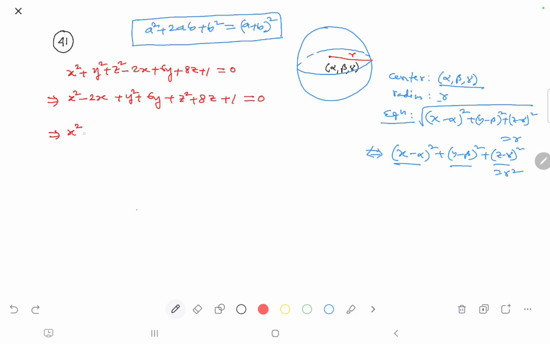One more thing I forgot to write down, that is needed here: a square minus 2ab plus b square, that is also a minus b whole square. These two formulas are very important here to solve this kind of exercise.